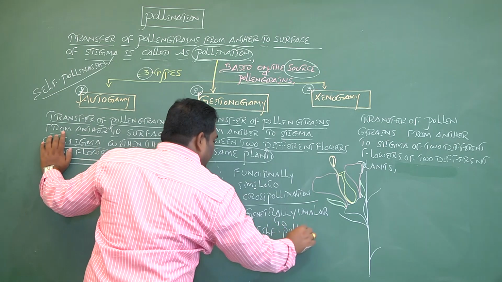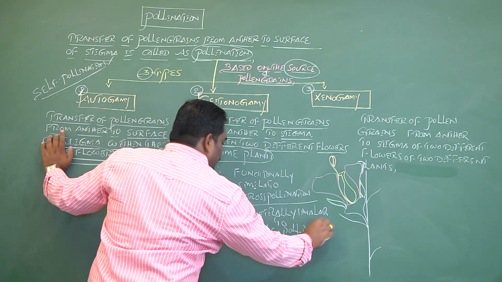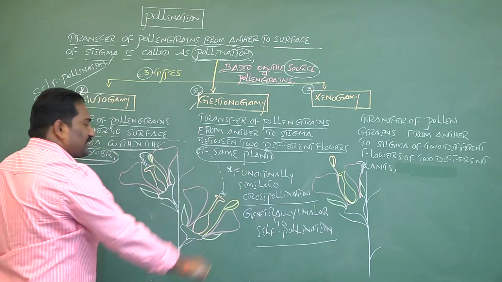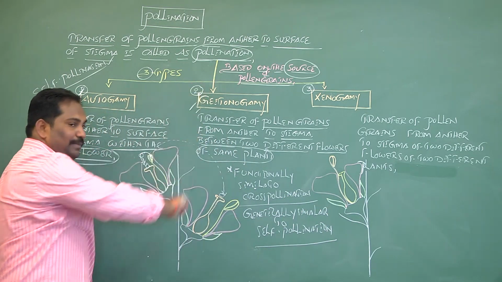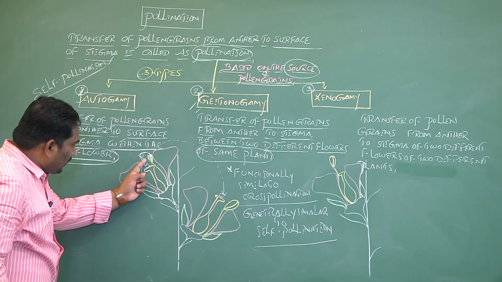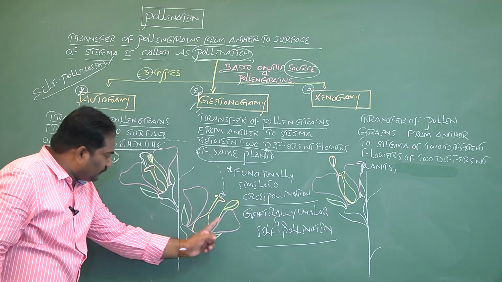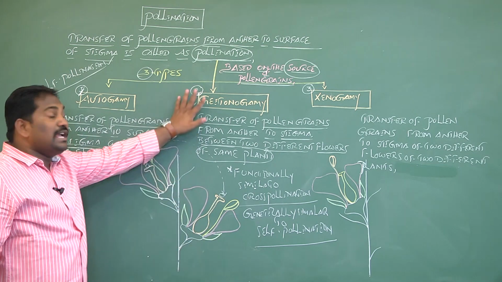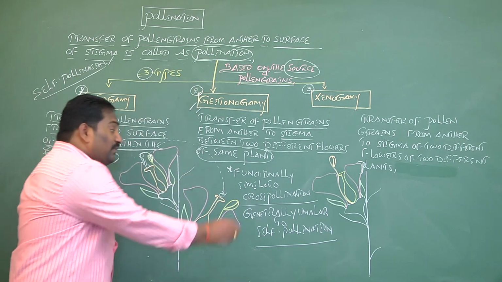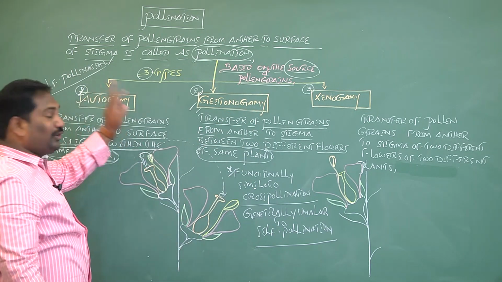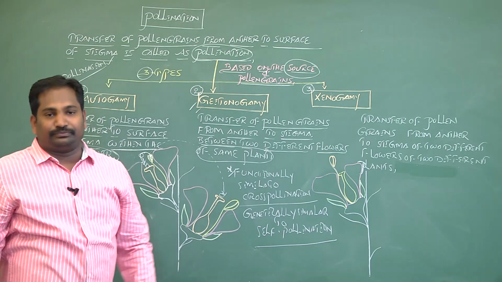Which type of pollination is functionally similar to cross pollination but genetically similar to self-pollination? Geitonogamy. The transfer of pollen grains from anther to stigma between two different flowers of the same plant is called geitonogamy. It is functionally similar to cross pollination but genetically similar to autogamy or self-pollination.